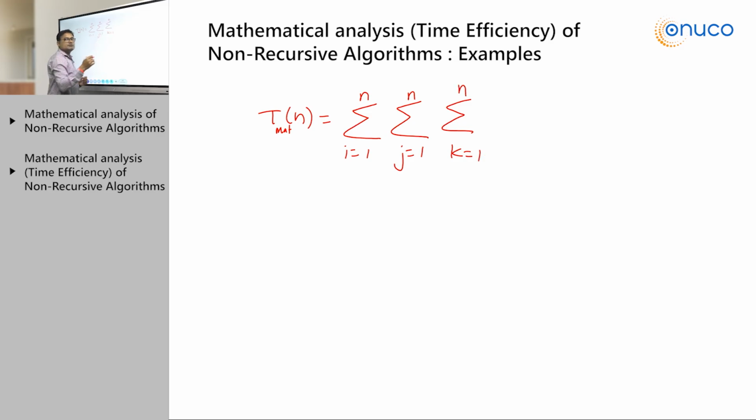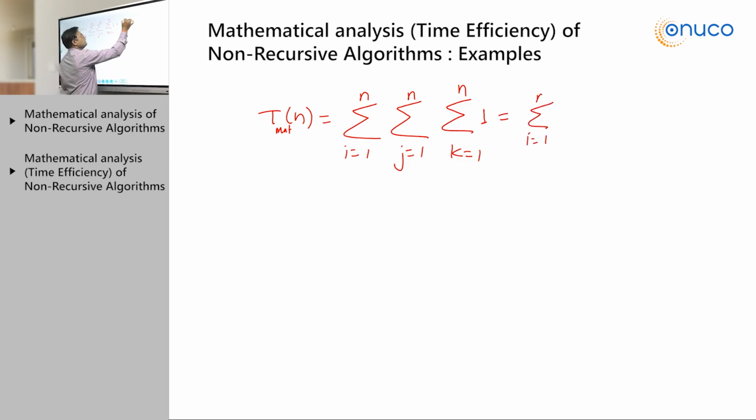And the basic operation, as I mentioned, is the last statement in the innermost loop, C of i j is equal to C of i j plus A of i k into B of k j. Then in the previous example we discussed upper limit minus lower limit plus 1. So here n minus 1 plus 1, we are going to simplify this.